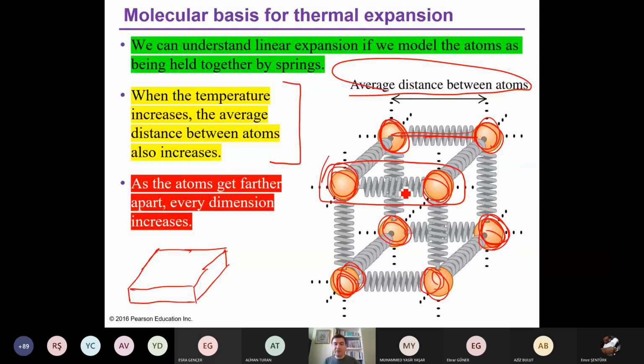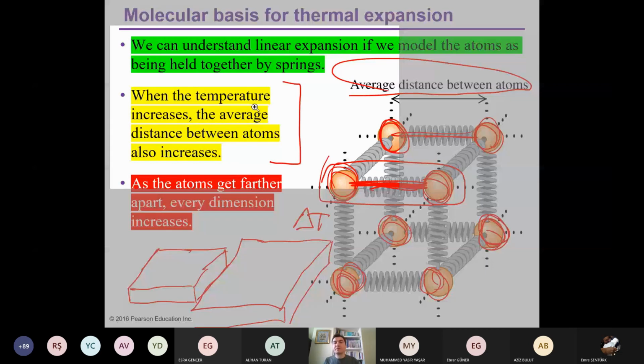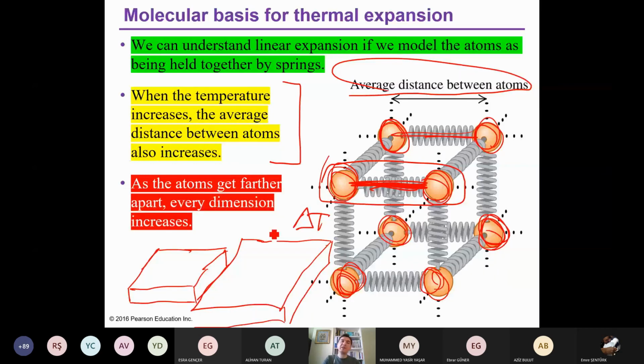If you increase the temperature, then this average distance between atoms increases, and then the material expands. Now this is the new dimension of the material after heating, because the temperature changed. This is the explanation on a molecular basis.